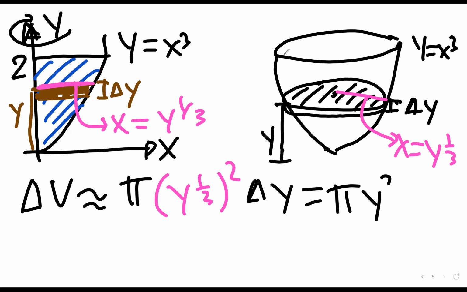Of course, we have to take the summation. So V is approximately the summation of pi y to the power 2 over 3 delta y. If we take the limit as delta y tends to 0, then V equals the integral of pi y to the power 2 over 3 dy.